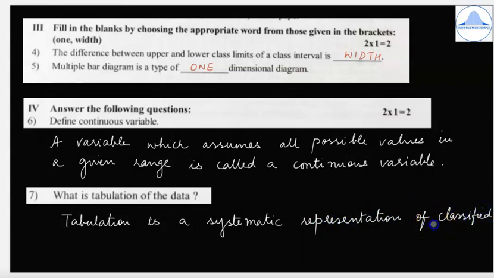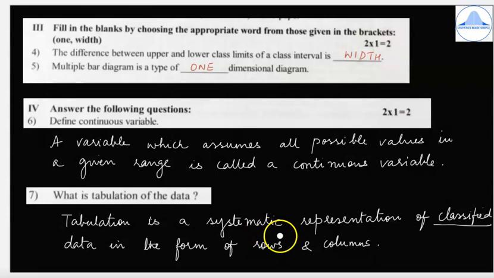So the word classified is important, otherwise you will not be given 1 mark. Data in the form of rows and columns. So tabulation is a systematic representation of classified data in the form of rows and columns.